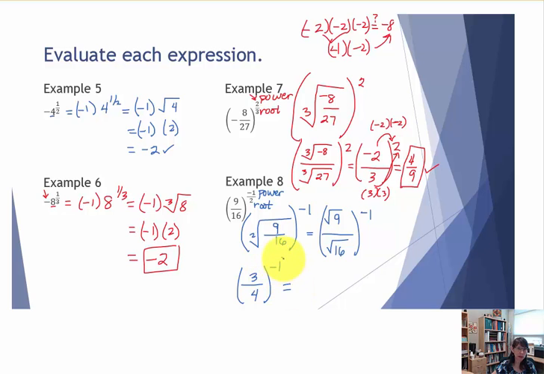Since our exponent is a negative number, we know that we'll have to invert that fraction, and that is now raised to positive 1. So our final answer is 4/3. When you see an exponent of negative 1, it means to invert your fraction to get to the final answer.